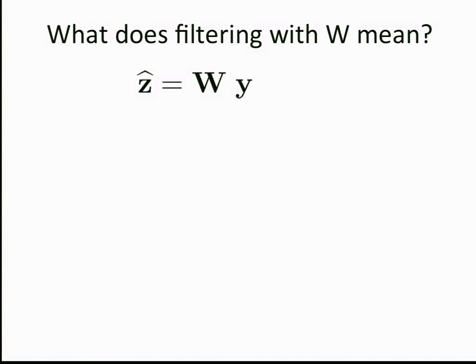So in order to do that, it's useful to think about these kinds of filters as one step in an iterative process. Let me initialize my iterations z0 with the input image. And then let me consider this filter.